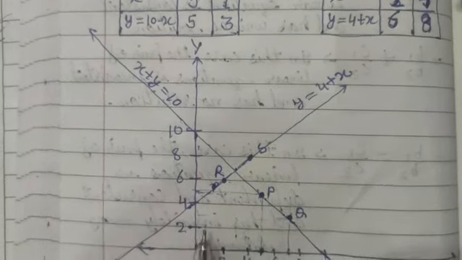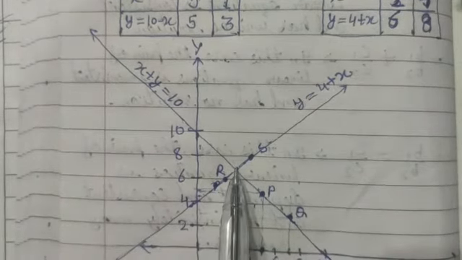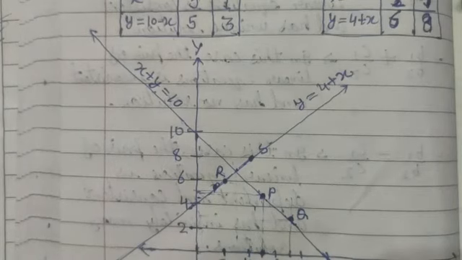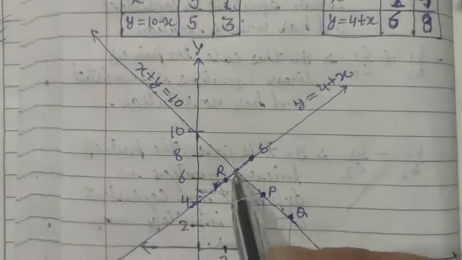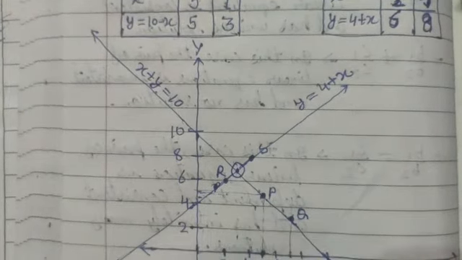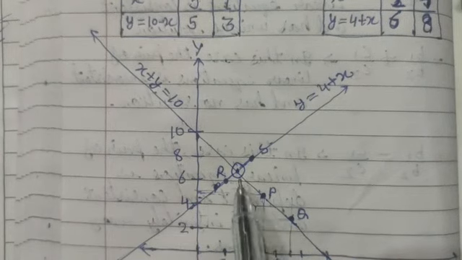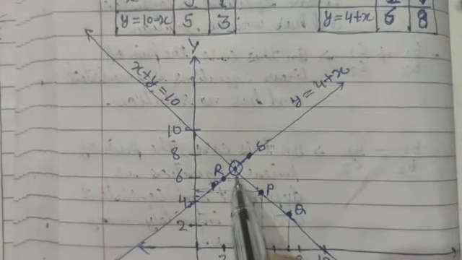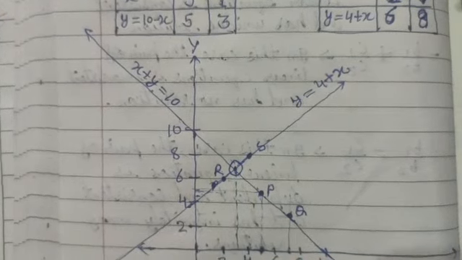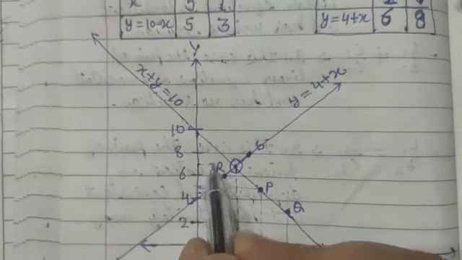Now if you see here, these 2 lines intersect at a point. That means these two linear equations have a unique solution and these equations are consistent. Now what will be the solution? The point of intersection of these 2 lines will be the solution of the equations. The value of x here is 3 and the value of y is 7.